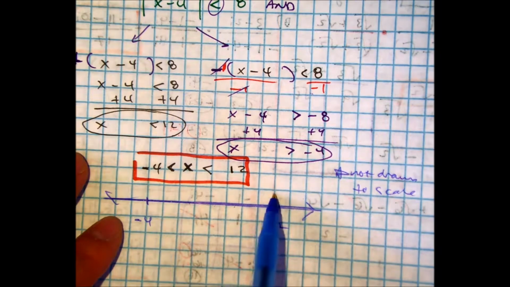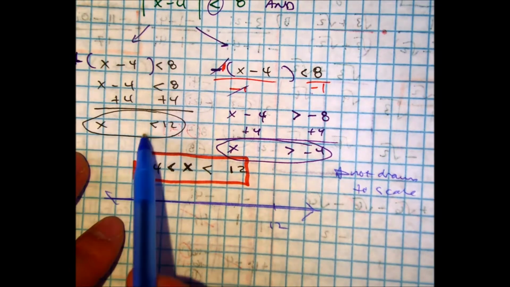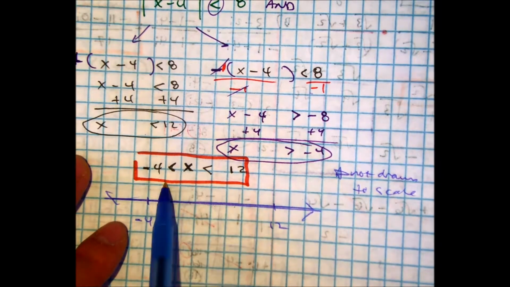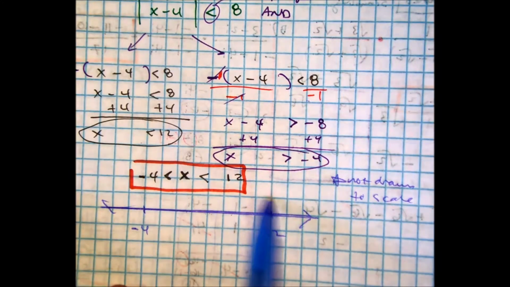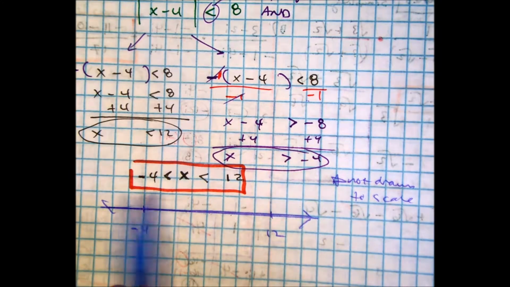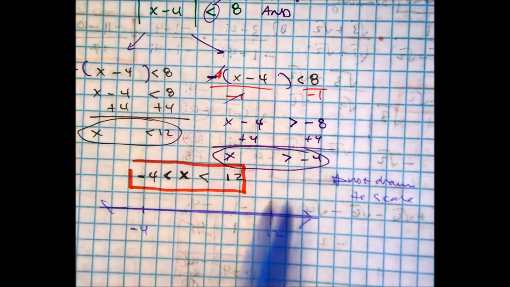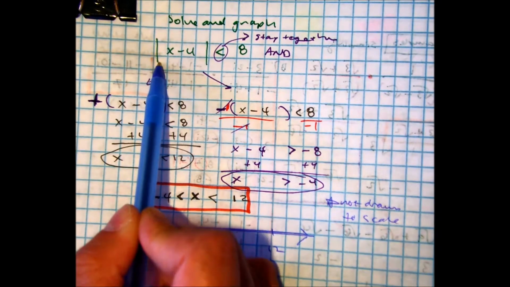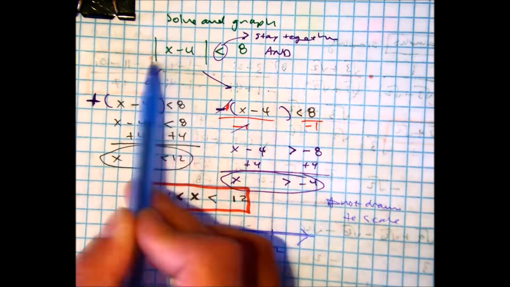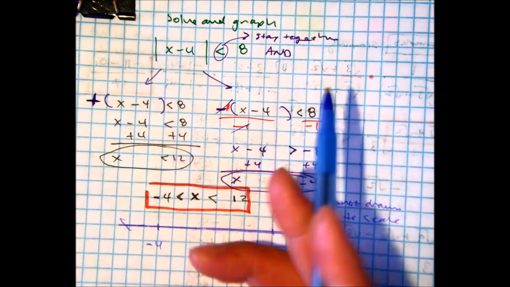The graph, open circle, goes towards the right, -4, yes? And then I would have done 12, open circle, goes towards the left. It's the keyword and, so it's going to be a bar, yes? And I can test it. But I want to take it now one step further. We have an absolute value. Do you see that? So we can actually graph it now.